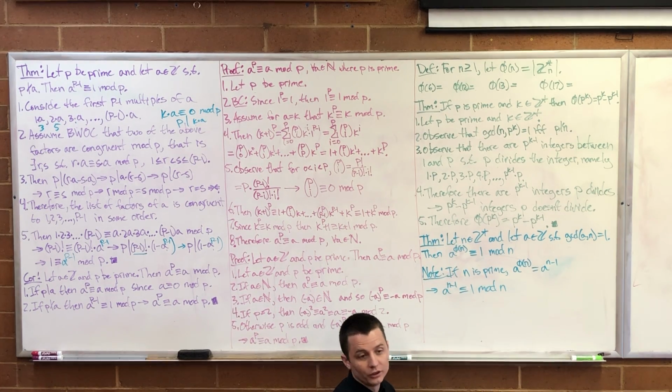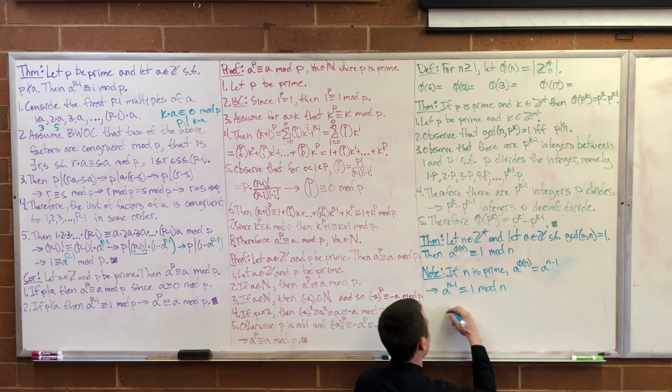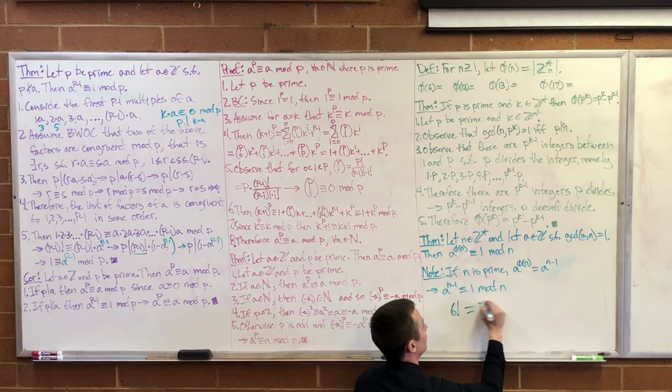Well, first off, what is 1 times 2 times 3 times 4 times 5 times 6? 720. So 6 factorial is equal to 720.